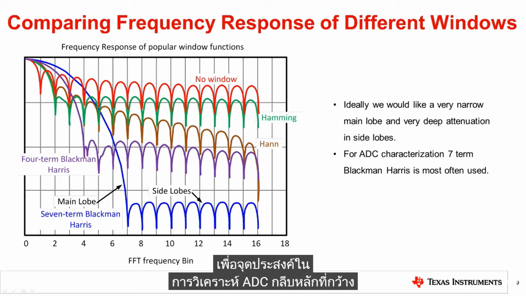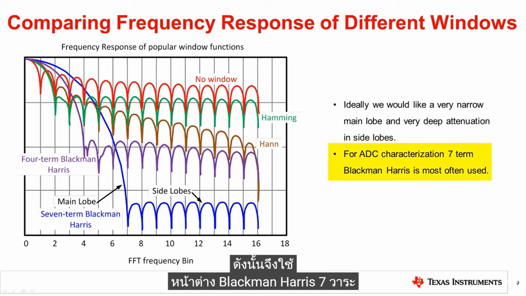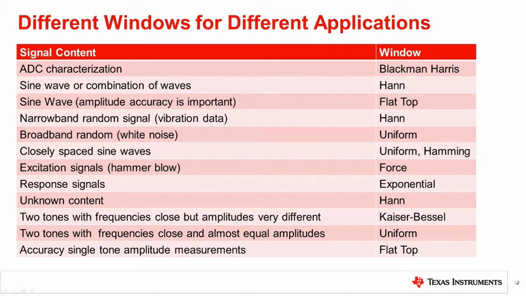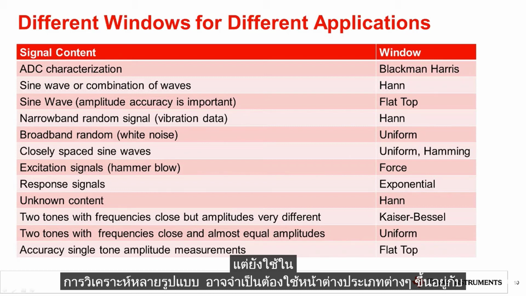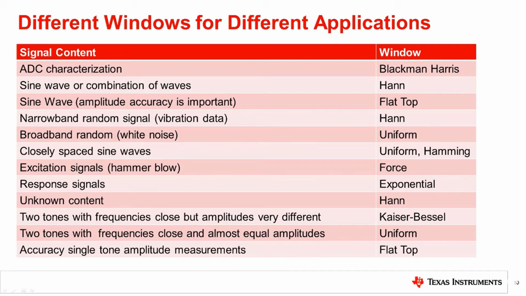For the purpose of ADC analysis, the wide main lobe isn't a significant problem, so the 7-term Blackman-Harris window is used to achieve the least amount of spectral leakage. FFT windowing is not just used for ADC characterization, but is used in many forms of analysis. Depending on the type of analysis required, different types of windows may be required.